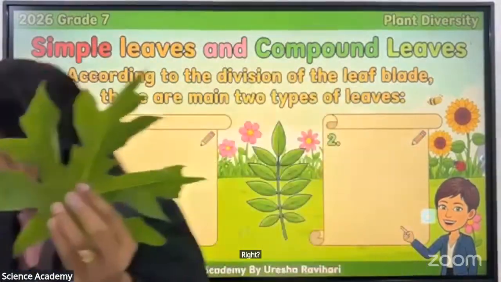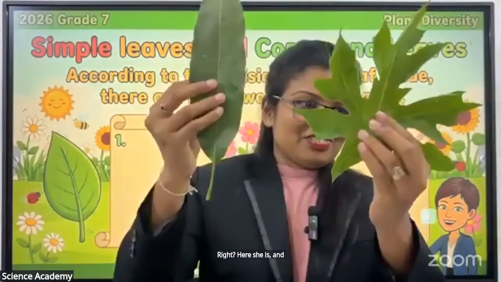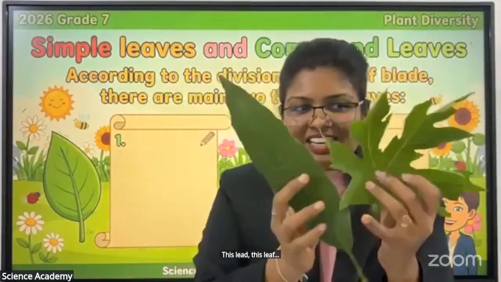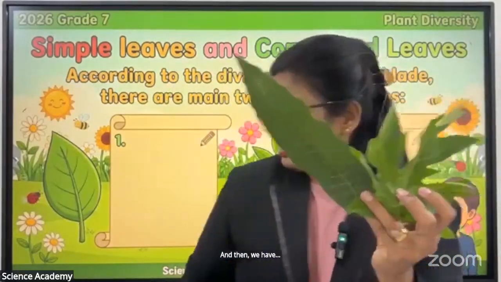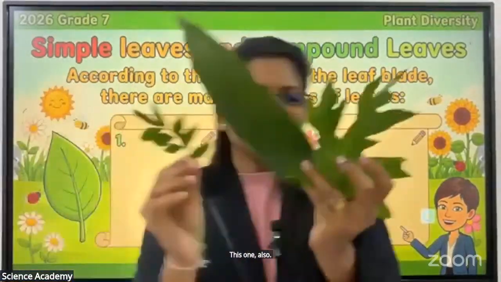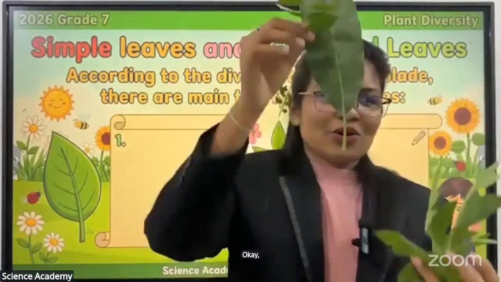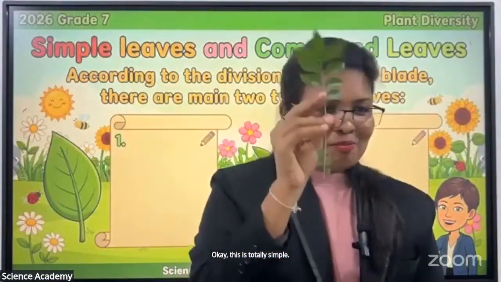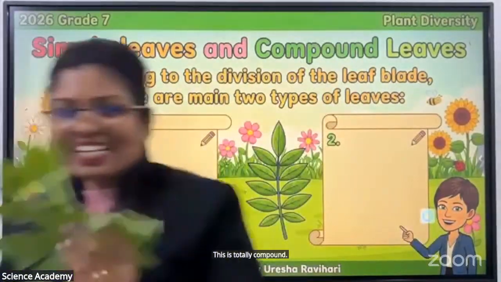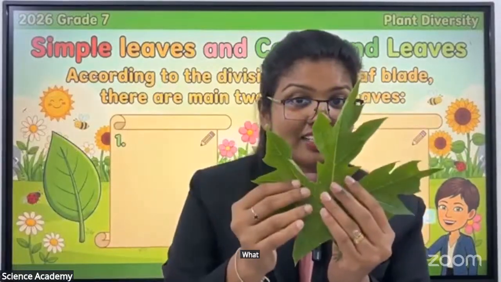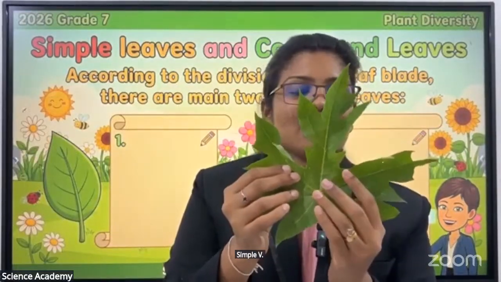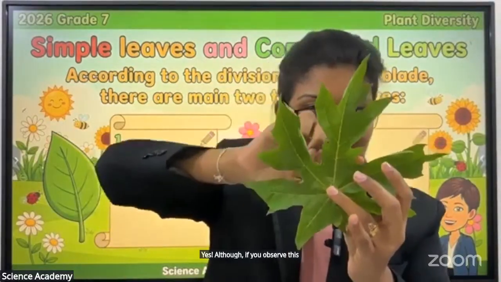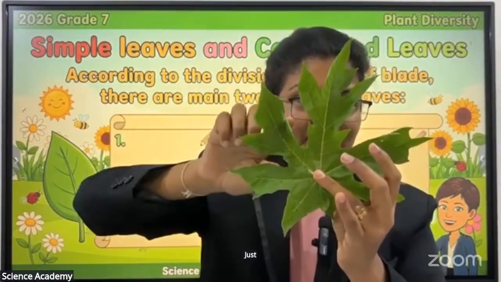Right. Here children, we have this leaf, and then we have this one also. This is totally simple. This is totally compound. What is this, children? Simple. Yes. Although if you observe this leaf, it looks segmented, right?